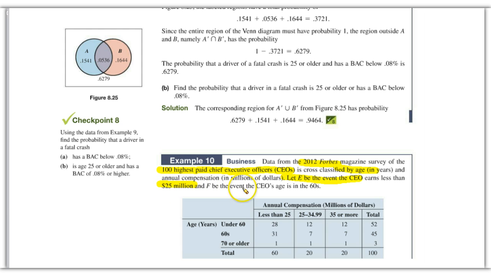And F be the event of CEOs aged in the 60s. So we have a couple of things here, and I've listed all of these charts in your booklet. Those that earn less than 25 million are going to be these. So we have the grand total of 60.